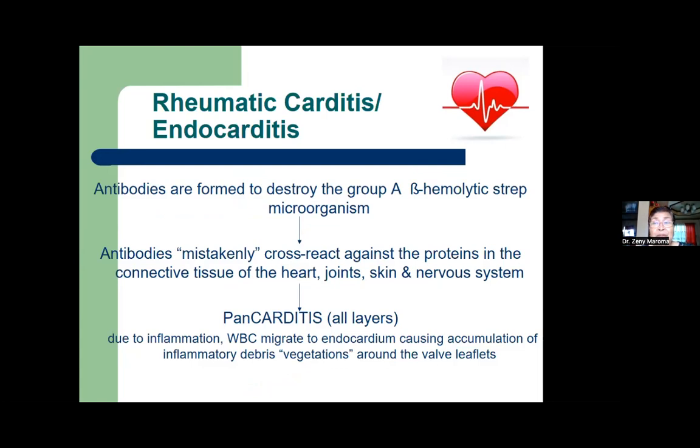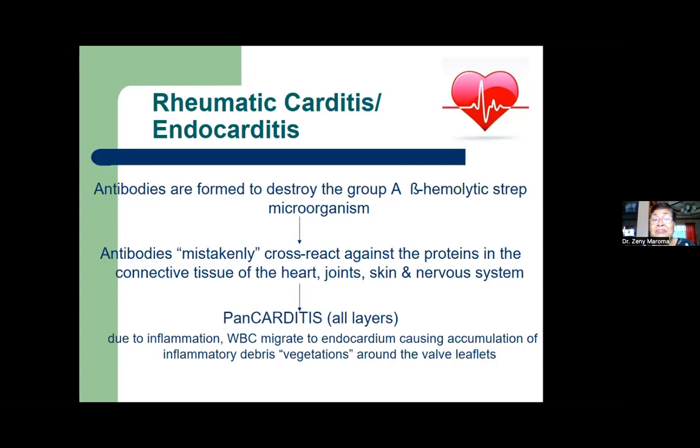So anong pathophysiology? Because of exposure to GAB, group A beta hemolytic streptococcus, antibodies are formed to destroy GAB. Okay? Antibodies are formed to destroy GAB. And a blood test which will reveal exposure of the client kay GAB is an increase in ASO titer, anti-streptolysin O titer. Ayan. So upon exposure kay GAB, antibodies are formed.